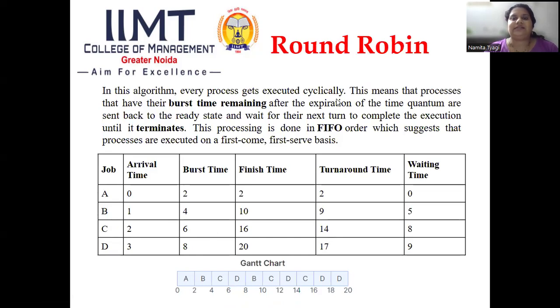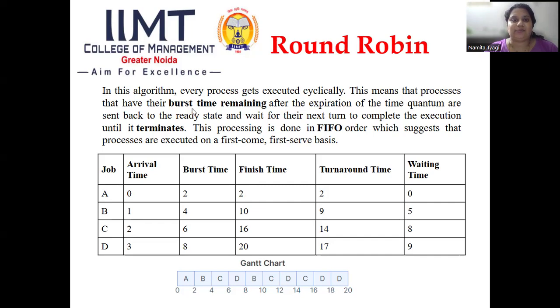After that, the next scheduling algorithm is the round robin scheduling algorithm. In this algorithm, every process gets executed cyclically, meaning on the basis of a certain cycle, every process gets executed within a period of time.